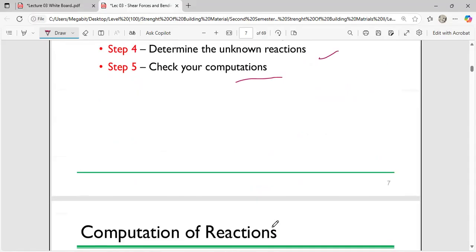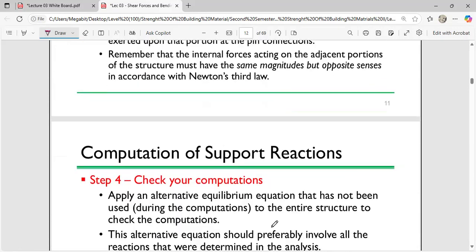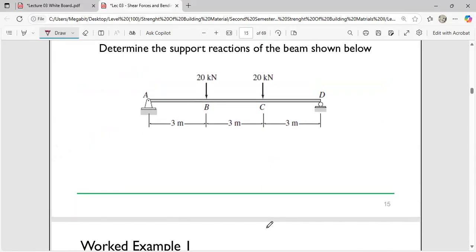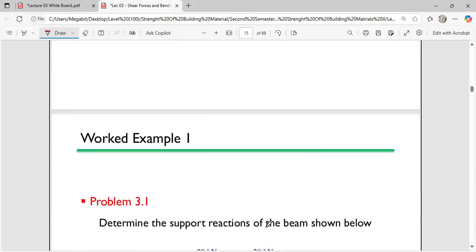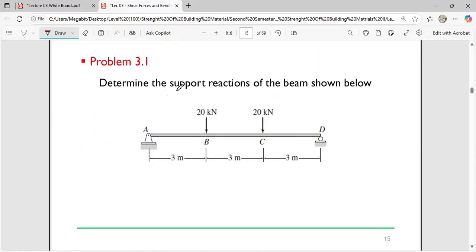Let's take a little bit of examples and let's see how we can solve from there. Okay, so let's assume this is a problem. Worked example 1: determine the support reaction for the beam shown below.